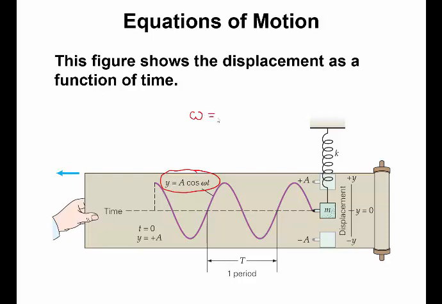So if we remember back in chapter 7, omega, we called that the angular speed, it was 2 pi f, which is the same as 2 pi divided by the period. And then we have t here because it's a function of time.